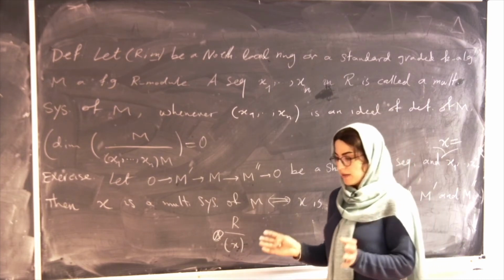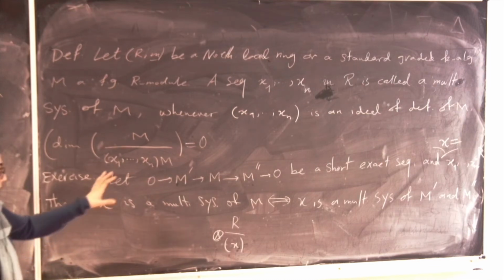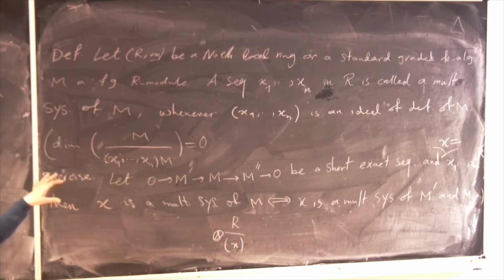Then we can compare the lengths, and we see that finiteness of the middle one is equivalent to finiteness of the others. So a multiplicity system behaves well on short exact sequences.